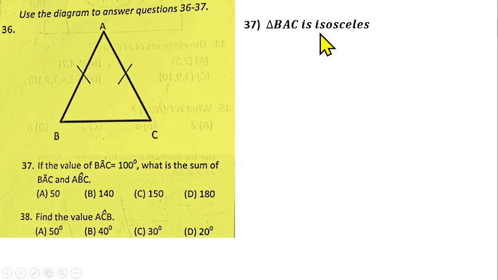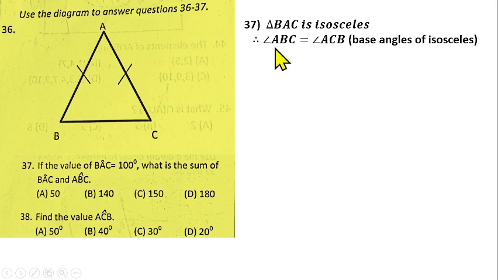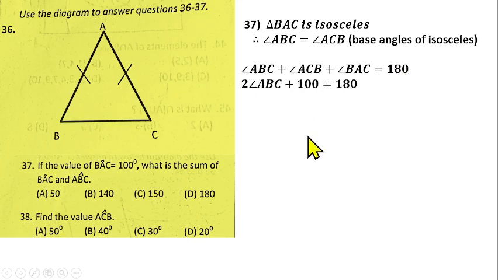So BAC is isosceles. Angle ABC is equal to angle ACB. Base angles of an isosceles triangle are equal. This angle here and this angle here are equal, so I can call both of them ABC because they are equal.